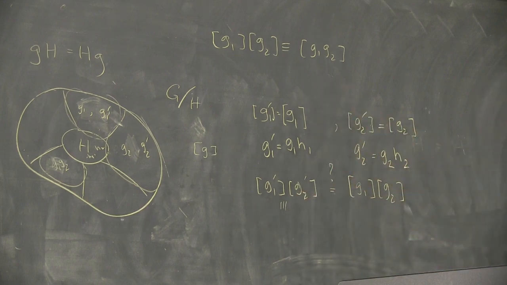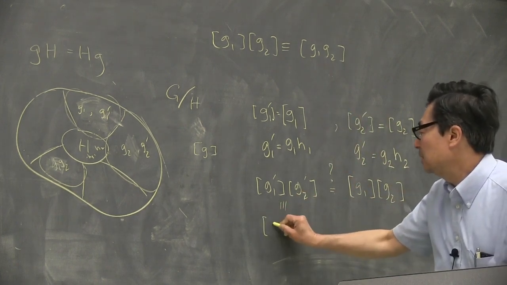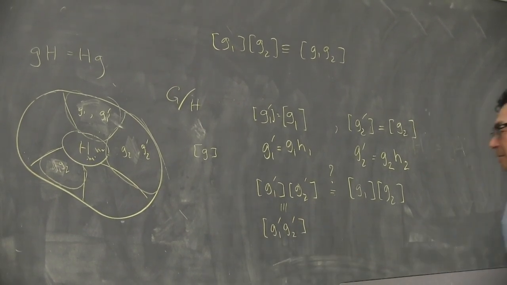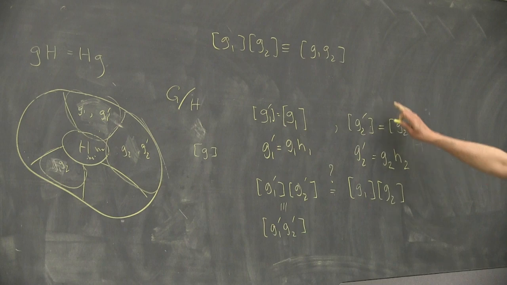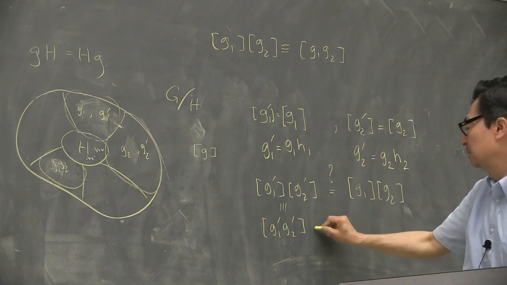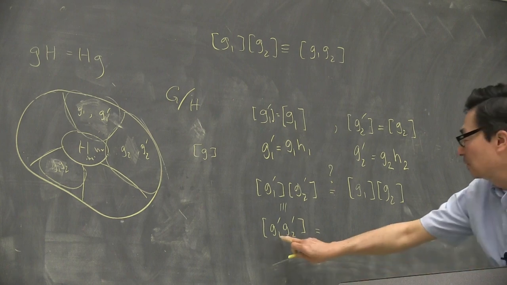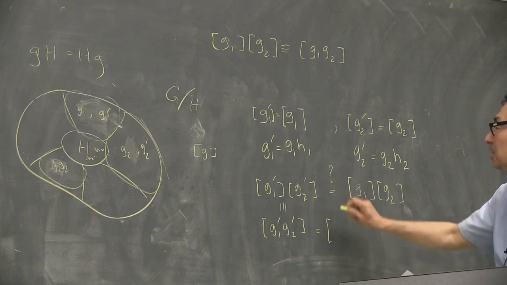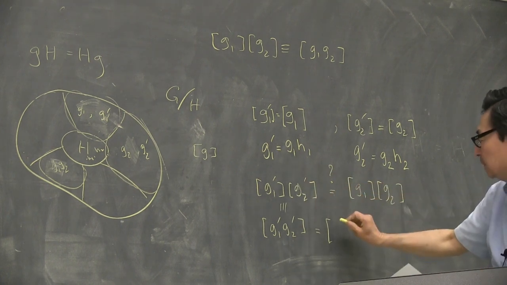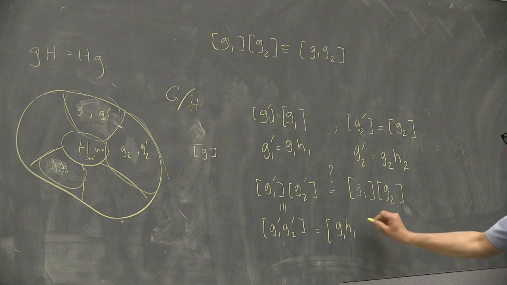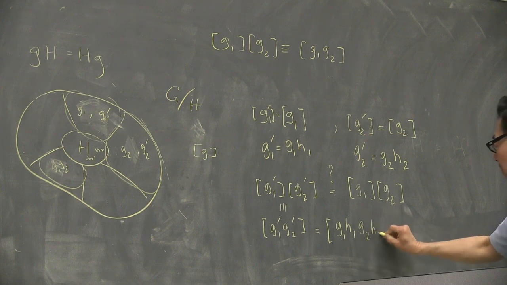By this particular multiplication rule, this must be equal to the bracket of G1 prime, G2 prime, like that. Okay? By this rule in here. And now I'm going to use these two equations for the group elements inside. And so G1 prime is equal to G1 H1, and G2 prime is equal to G2 H2.